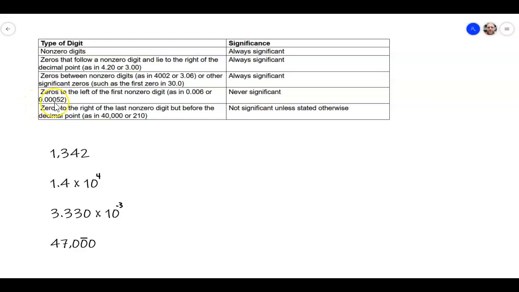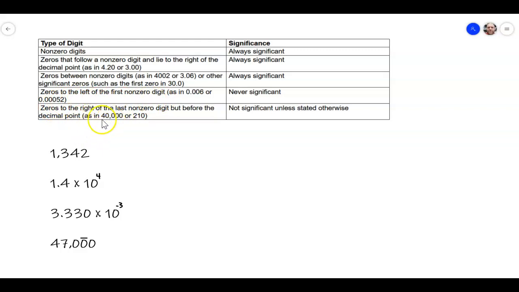So for example, this number has only two significant digits. Any zeros before the first non-zero number, we don't ever count.